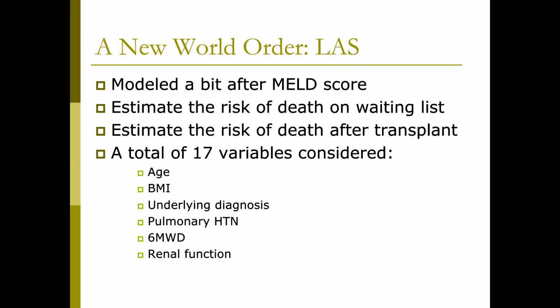If an individual, because of the nature of their disease, is likely to die sooner than another individual who spent a longer time on the list, we give priority to the sicker person, even though that individual may have spent less time on the list.